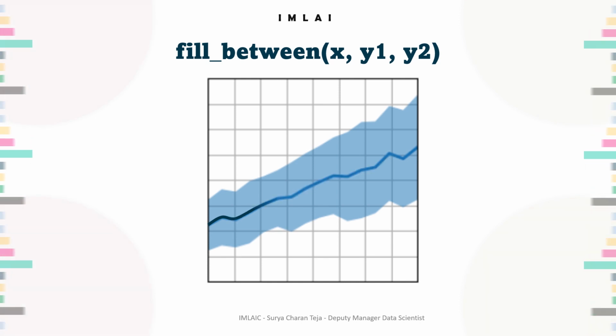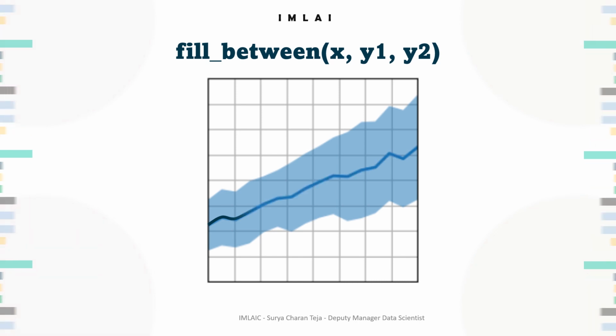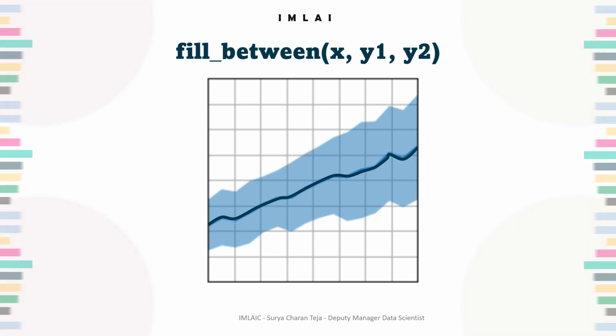Fundamentally, what happens with the fill between method is that it fills the area between two horizontal curves, and the curves are defined by the points x comma y1 and x comma y2. So x is common, and then y1 and y2. One coordinate is x comma y1 and another is x comma y2, and then we'll be filling from here to there.